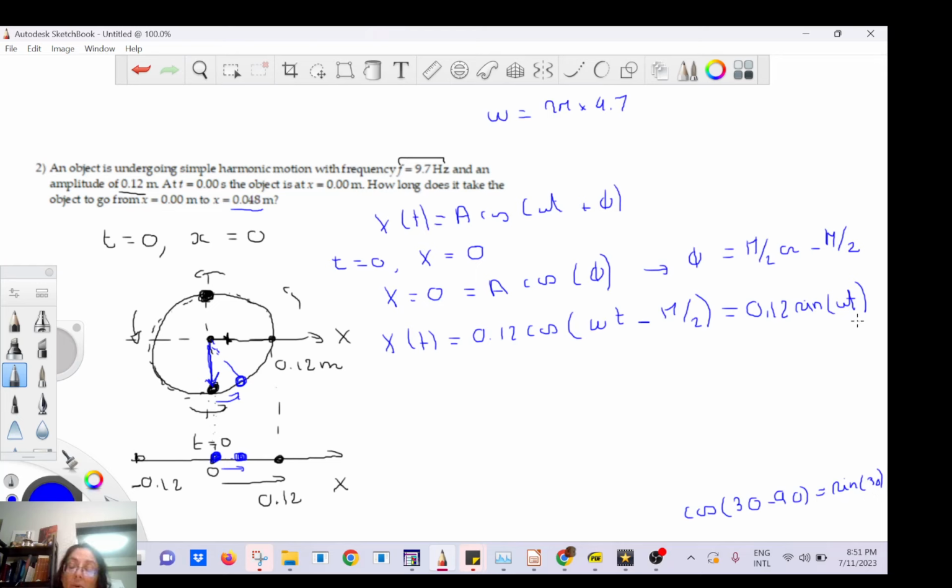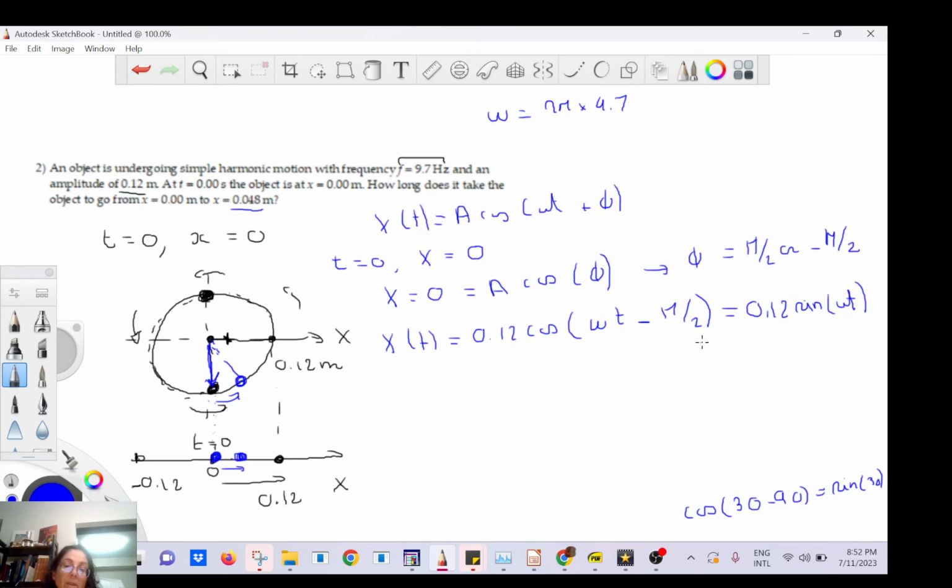If you do it this way, it's much easier, because you are just projecting along the y-axis. At t equals 0, sine of 0 is going to be 0.